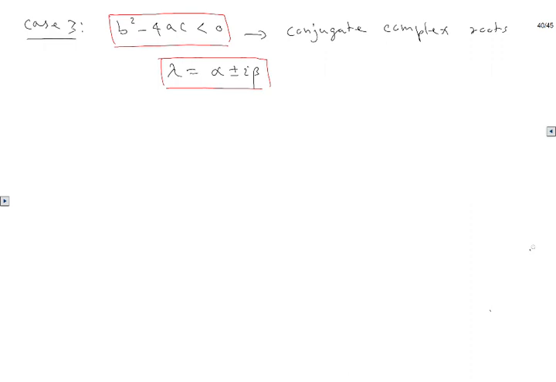So the two solutions are, you can write y1, which is e to the alpha plus i beta x, that's one solution, and the second solution y2 equals e to the alpha minus i beta x.